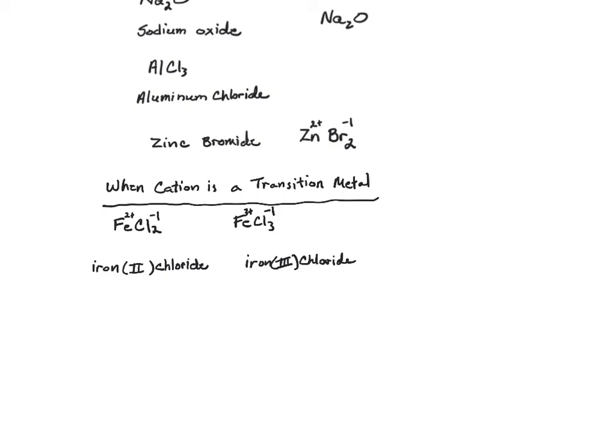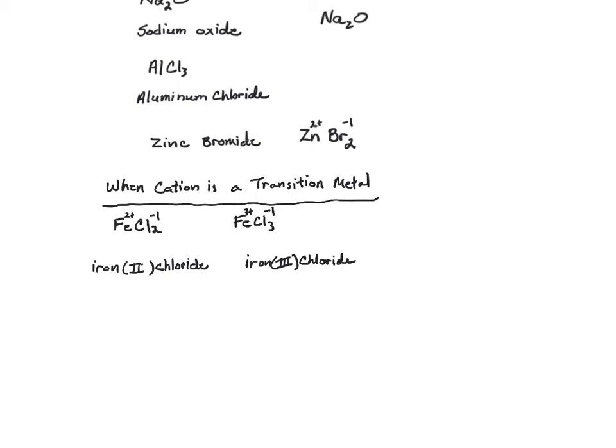Now, there's an old way of doing this that I just want to mention, but I don't expect you to use this old method. There was a system of Latin names that were used for the metals, and the Latin names were given suffixes to imply what the charge on that metal was.